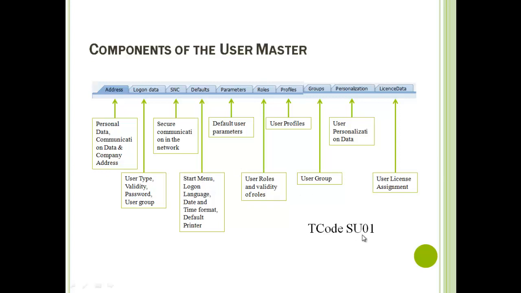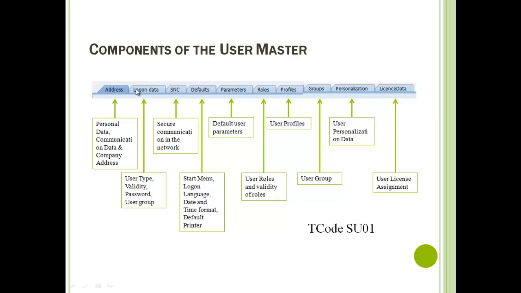When you go to SU01, you will see a lot of information in SAP. The first one is address. We call these tabs. In this tab, we will define all the personal data and the communication data, email address and company address and so on.